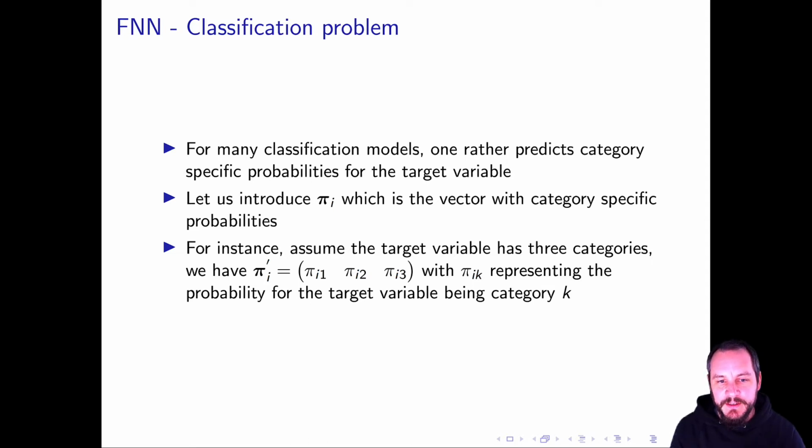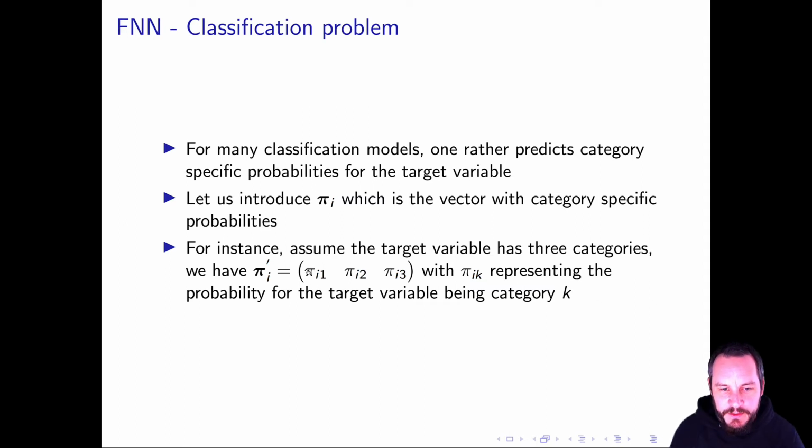So for instance, for a classification problem with 3 categories, for each observation we will generate a probability prediction that tells us how high the probability is that we believe that this variable belongs to the specific category. So again, if you take a look at this vector here, that means the ith observation.